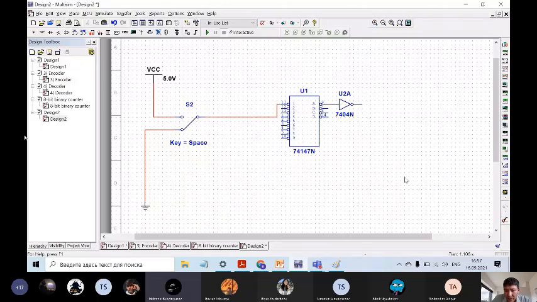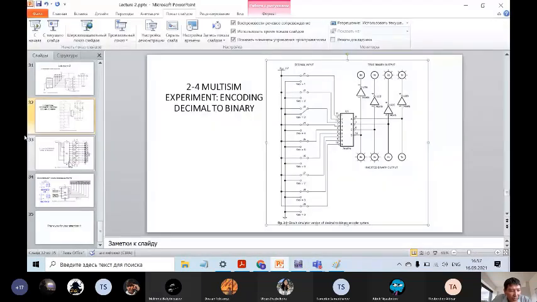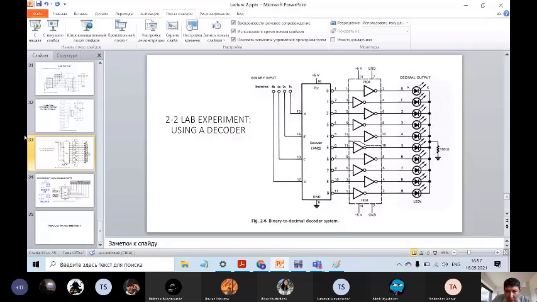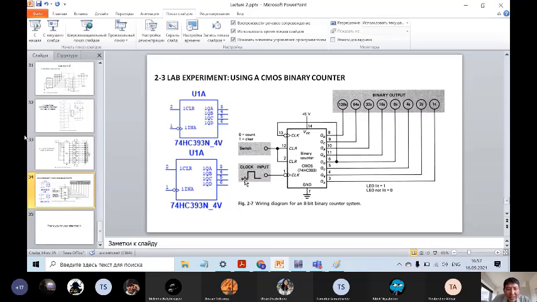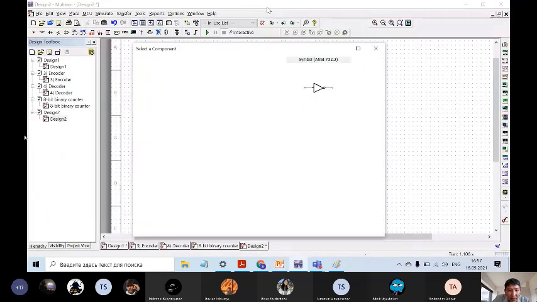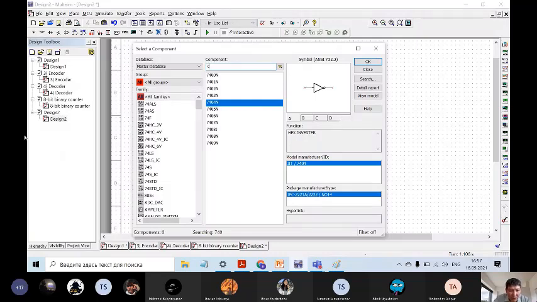Guys? I think no questions. Okay, so let me check this one. I think here all things are understandable. So this one, okay, I will show you how to find the clock, because here you can use the clock that you assembled in lab 1, but here we also have a clock, so it is better to use it because it will take a small area on the board. For example, how to place a component: just type here clock.